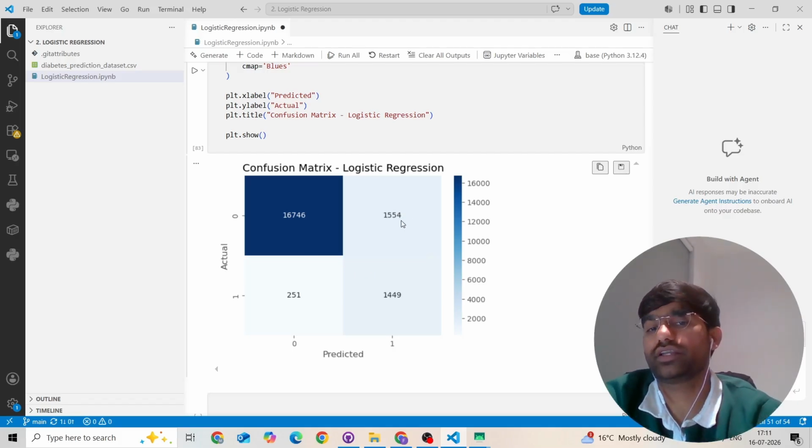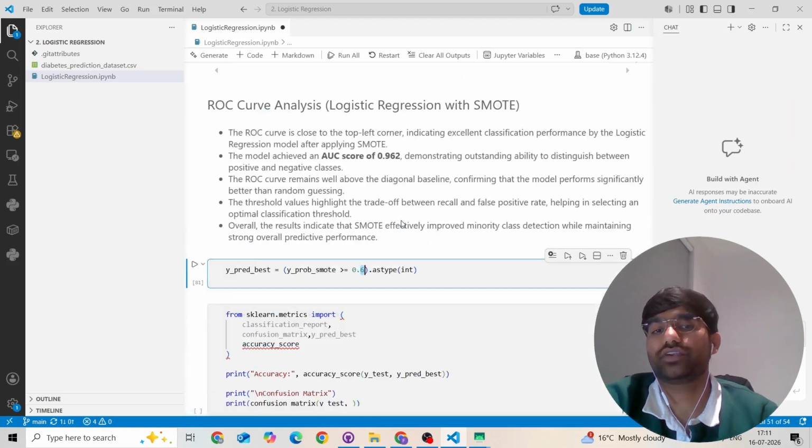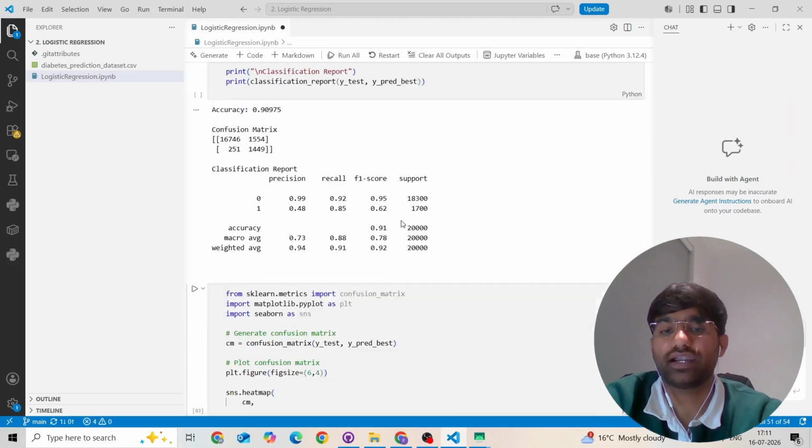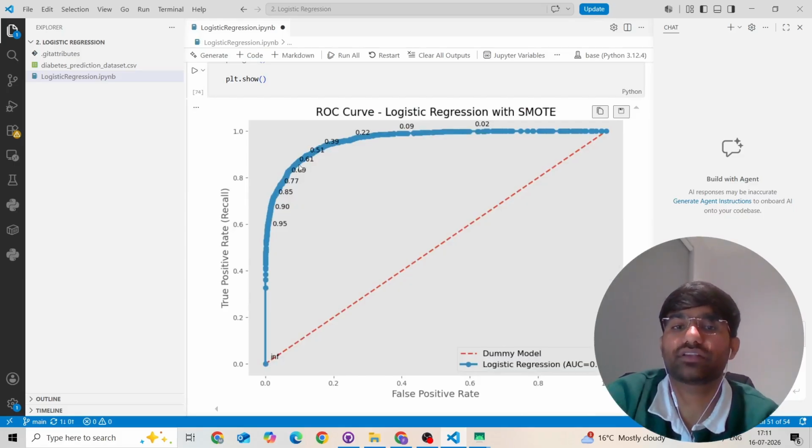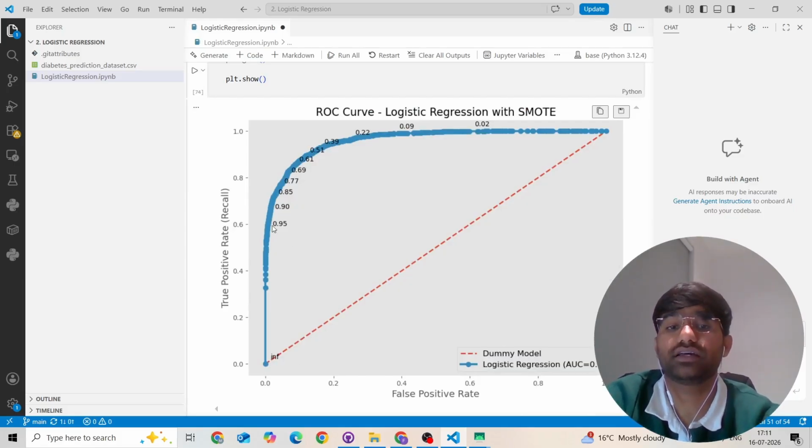So if you want to decrease the false positive rate, you can use the ROC curve and identify the new threshold where the false positive rate is less and the true positive rate is high.